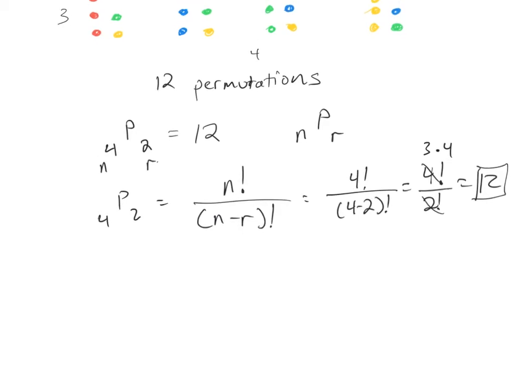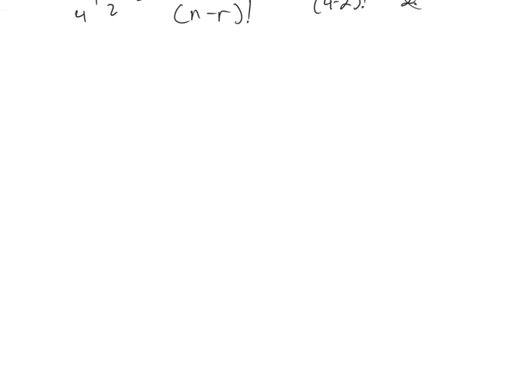Let's do another different type of permutation. Let's say we had a group of letters, and we want to know the permutations that we can have with that. So let's say we have the word algebra. Nope, spelled it wrong.